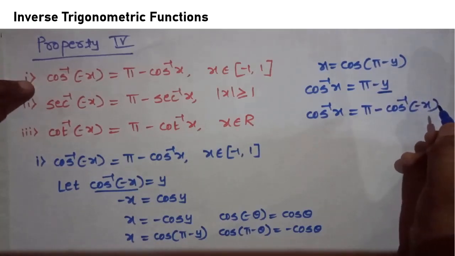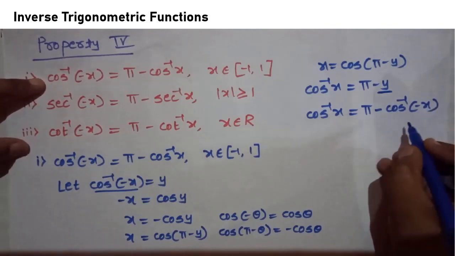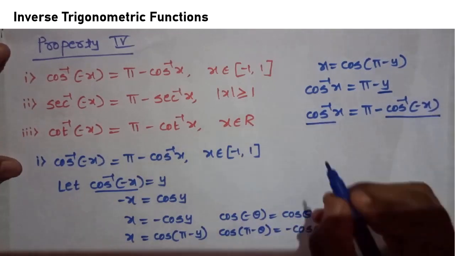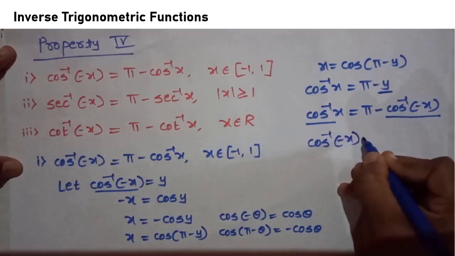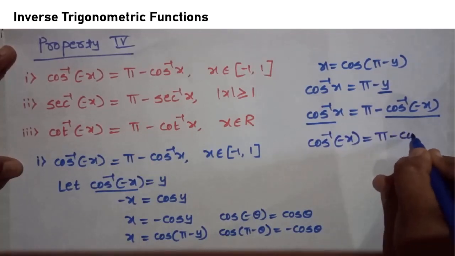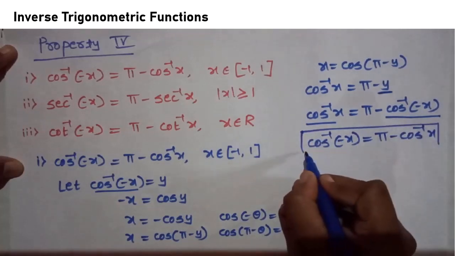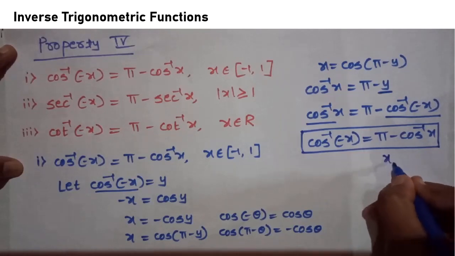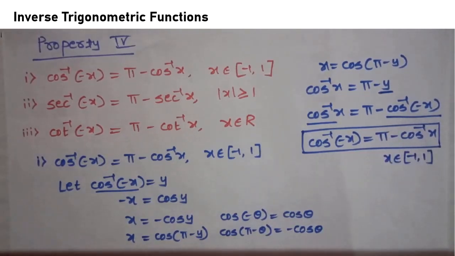But the property is cos inverse of minus x is equal to pi minus cos inverse x, so send minus cos inverse of minus x to one side and cos inverse x to the other side. We get cos inverse of minus x is equal to pi minus cos inverse x. This is very important: cos inverse of minus x is pi minus cos inverse x, where x belongs to the closed interval minus 1 to plus 1.